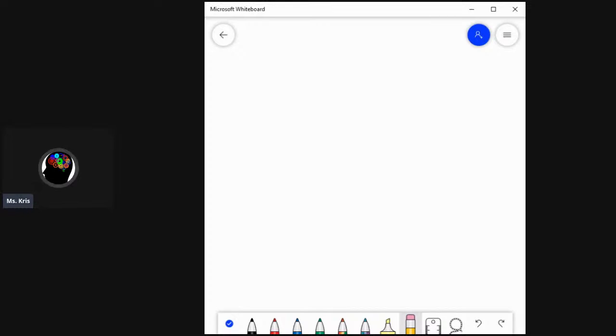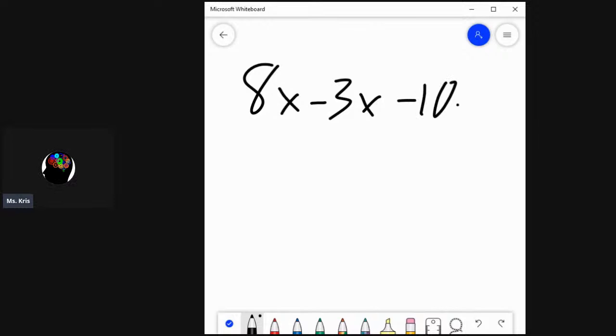So this is where you start hearing things like combine like terms or getting all like terms to the same side. And here's an example of what I mean. Now you have 8x minus 3x minus 10, and that all equals 20.